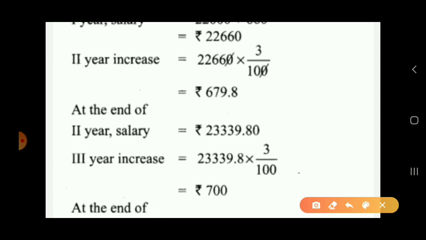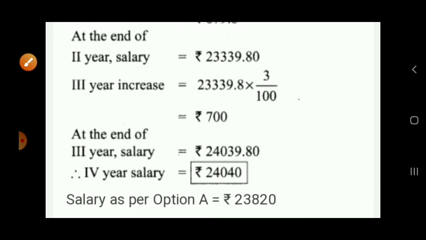So for the 3%, that 3% can be used, so that is about 700. So this 700 can be used at the end of the third year.